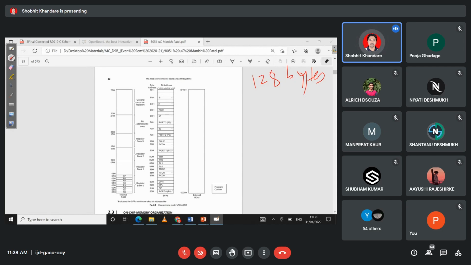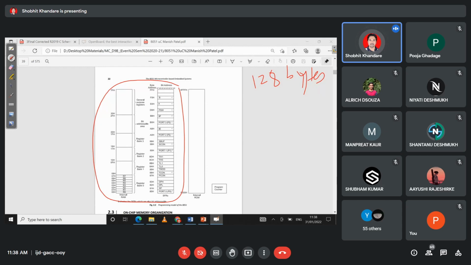Now I can say your 8051 contains 128 bytes of on-chip internal RAM, or on-chip data memory. I can show this on-chip data memory here. Your 128 bytes of internal RAM is seen here. These two together make up the internal RAM, 128 bytes.